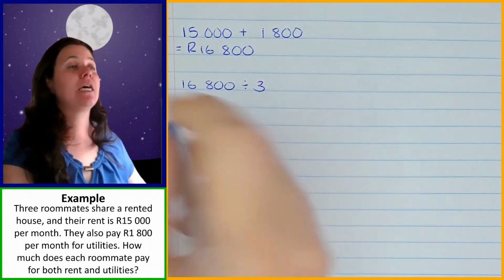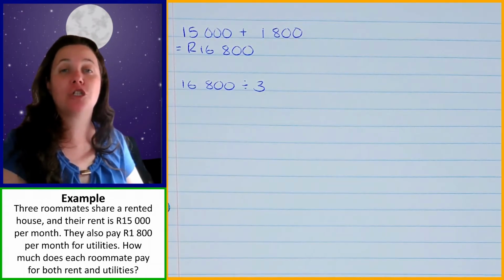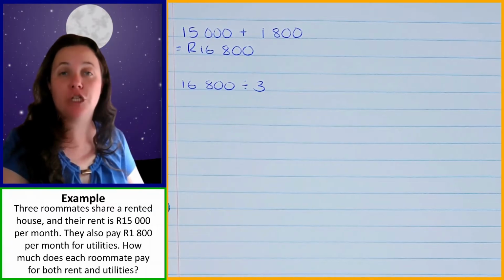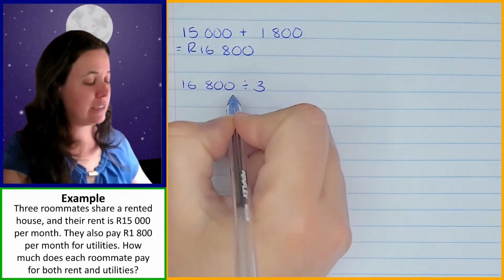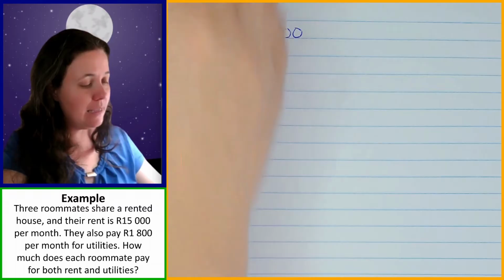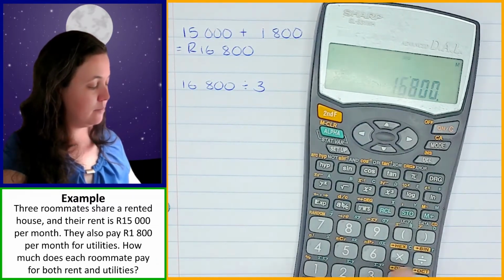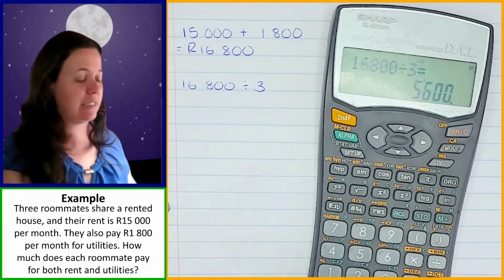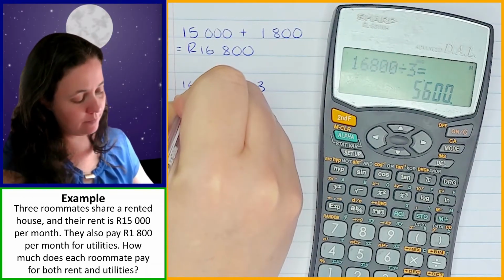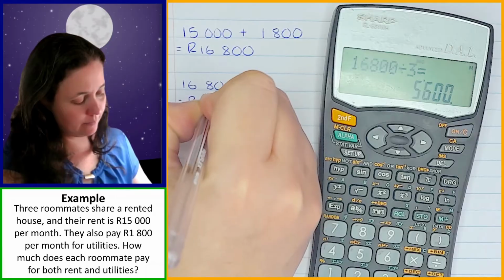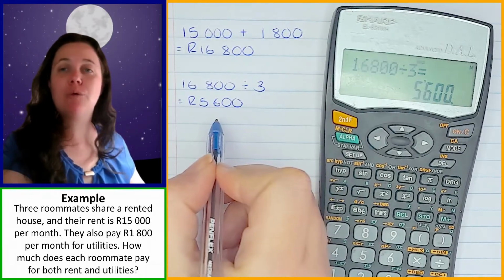Now they didn't tell us anything special about the way that they are sharing the cost, so we assume that they're sharing it evenly. Okay, so 16,800 divided by 3, and when you work that out, that should give you 5,600. So that is how much they would each have to pay.